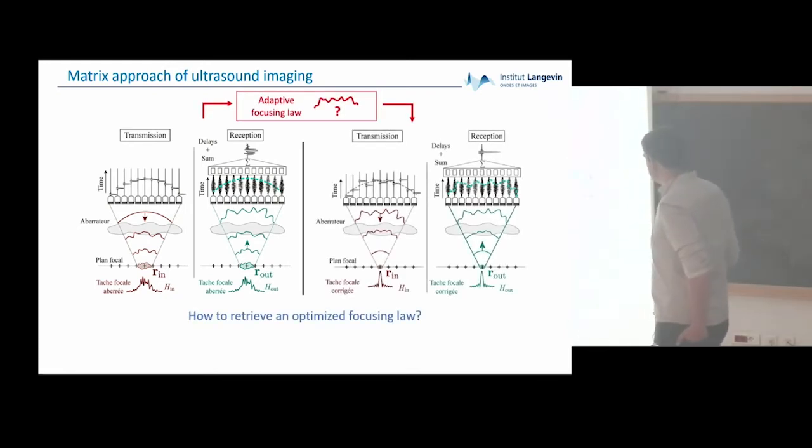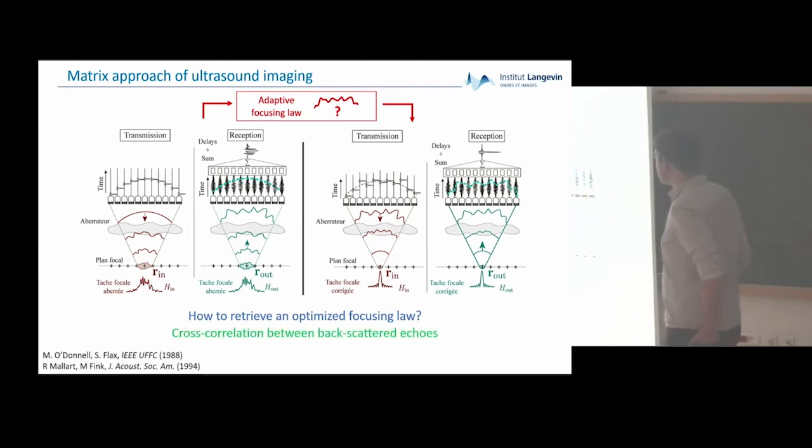So to retrieve an optimized focusing law, as Matthias explained yesterday, you can cross-correlate the backscattered echoes, and then you will obtain a focusing law. It may not be perfectly correct, but still you have a focusing law that corresponds, ideally, to the signal that you should apply in emission to focus perfectly inside this point, and the same thing at reception.